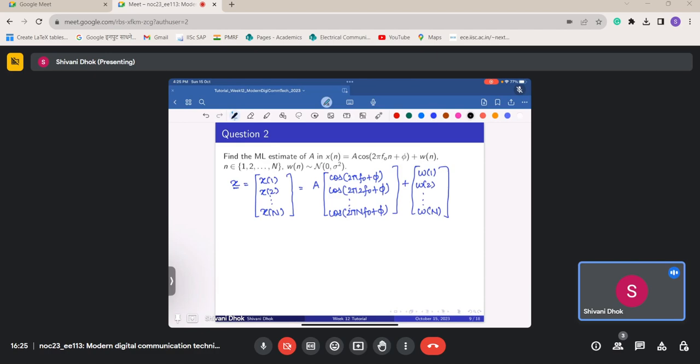I forgot to mention these are IID. So what does your ML estimate say? We need to find the ML estimate of this.